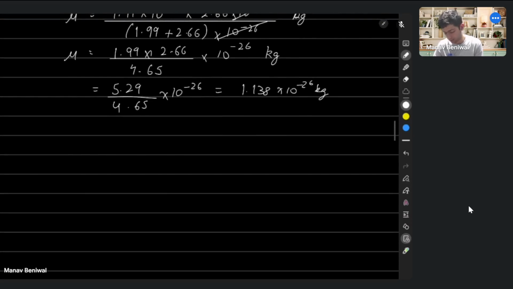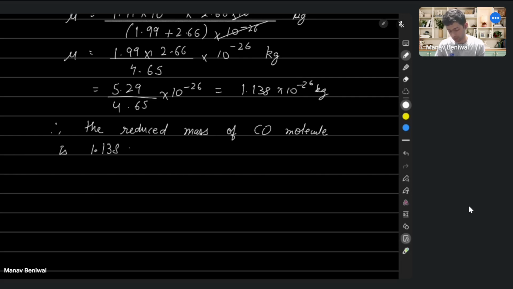Okay, therefore the reduced mass of CO molecule is 1.138 times 10 to the minus 26 kg.